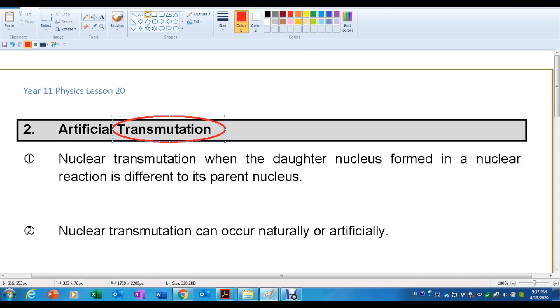But actually, all these things could be transmutation. Transmutation has a very clear definition: when you have a nuclear reaction, there must be a daughter nucleus and its parent nucleus. Nuclear transmutation happens when the daughter nucleus is a different element to its parent nucleus.